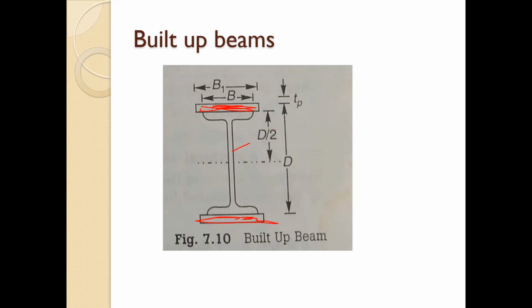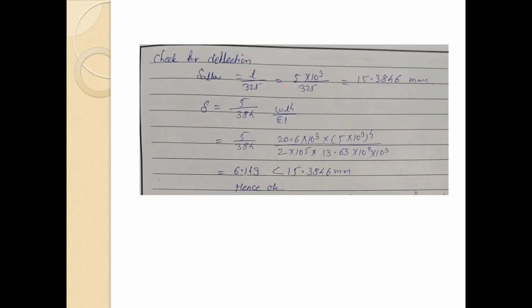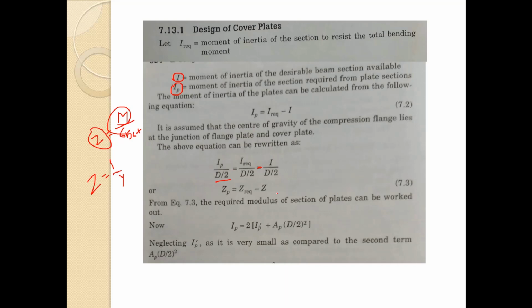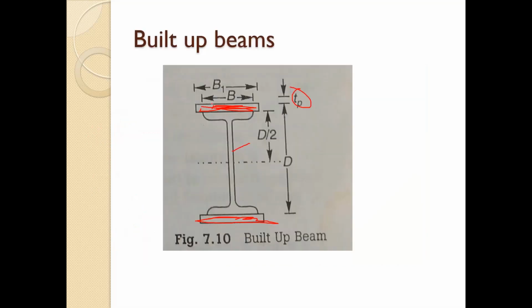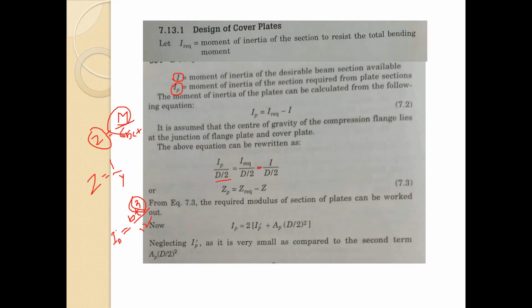I dash p equals b, that is the width of the plate, into t cubed divided by 12, where t is the thickness. Since we are taking higher powers of t, which is already a small value, it obviously becomes an even smaller value.